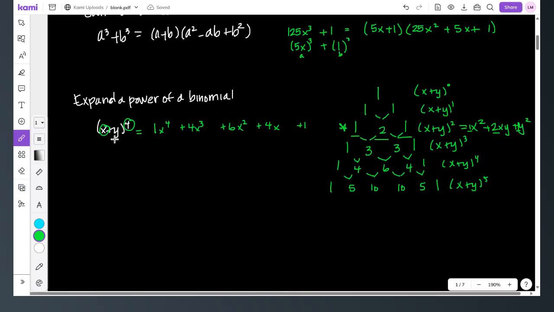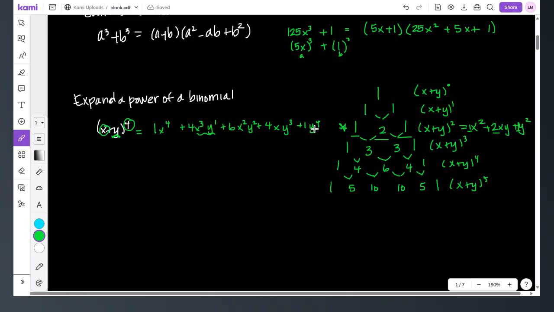And then I take the last term, and you can start at the back and move to the left. I just usually start at the front, so I'm going to start with y to the 0, y to the first, y squared, y to the third, y to the fourth. So all of these variables, their exponents have to add to be 4, so that's a quick check.